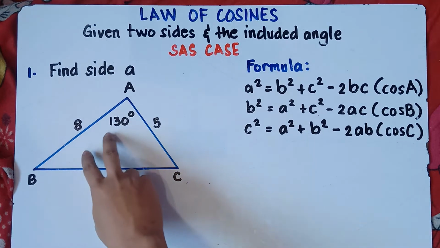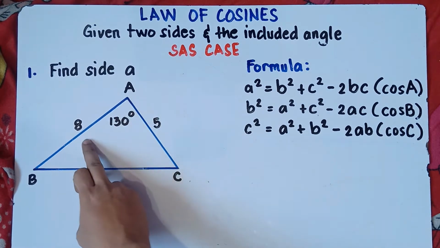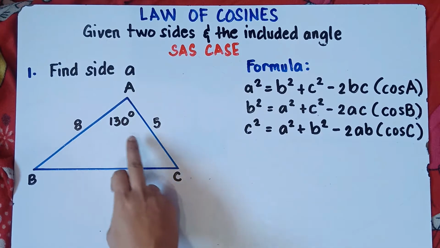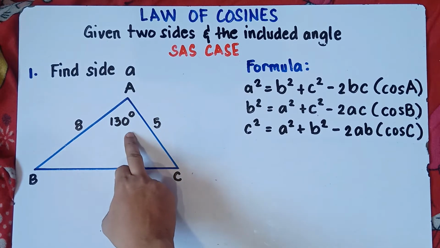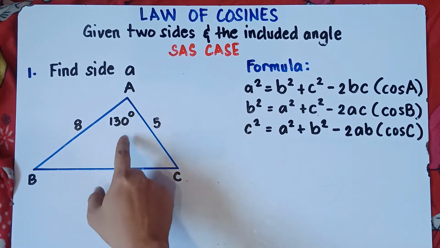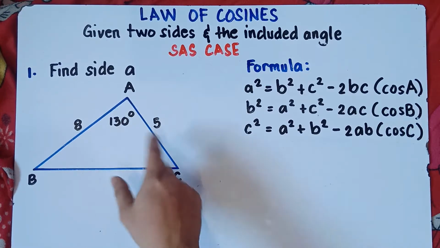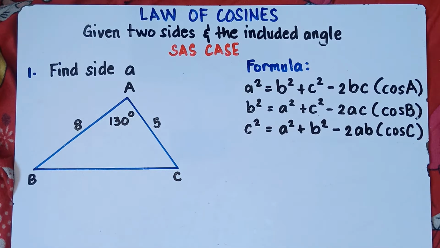We are given side AB, that's 8, side AC, that's 5, and angle A, that's 130 degrees. Once again, the angle is in between the two sides. Before we find side A, we need to know the formula.